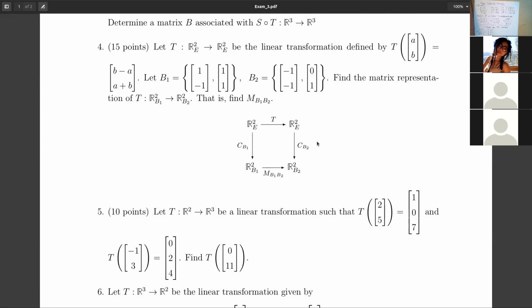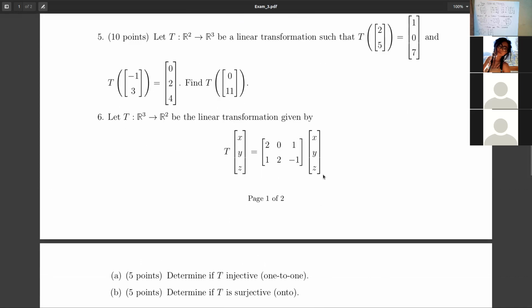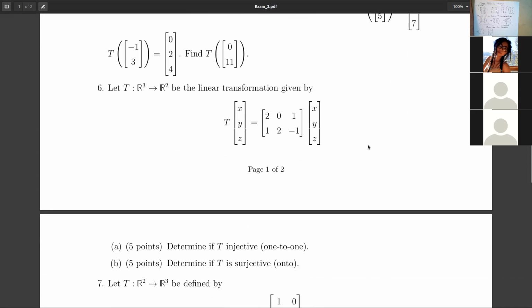So if I don't see any of your work, I'm not giving you credit. If you somehow arrive at the final answer and I don't see change of basis matrices, and I don't see appropriate multiplication of matrices or the formula for M_BB, I cannot give you credit. So make sure you're showing all your work and justifying things appropriately.